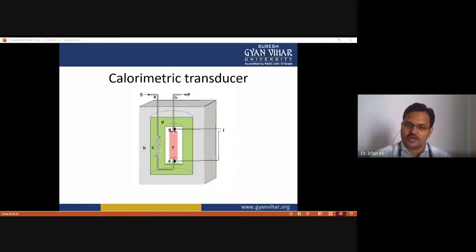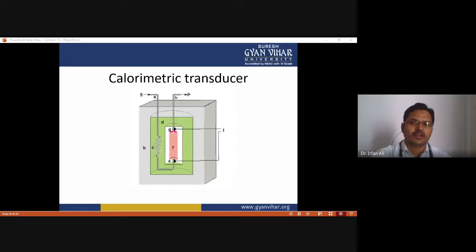So obviously when the reaction is exothermic, it can easily be detected by the calorimetric transducer. Hence breast cancer detection is possible by the use of a calorimetric transducer.